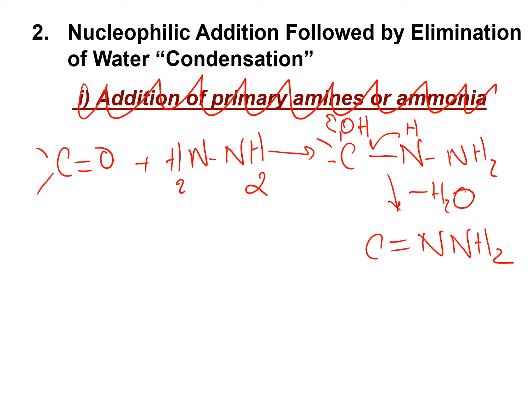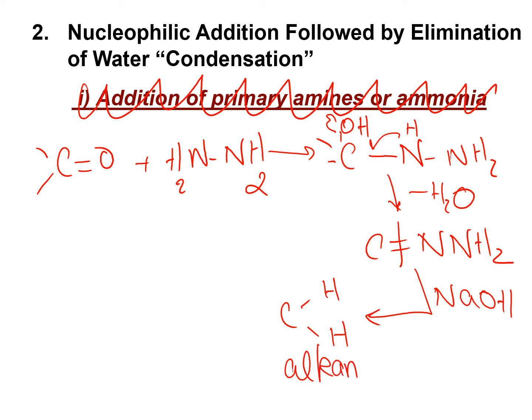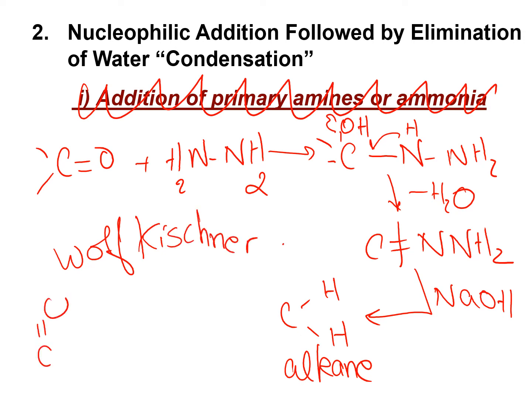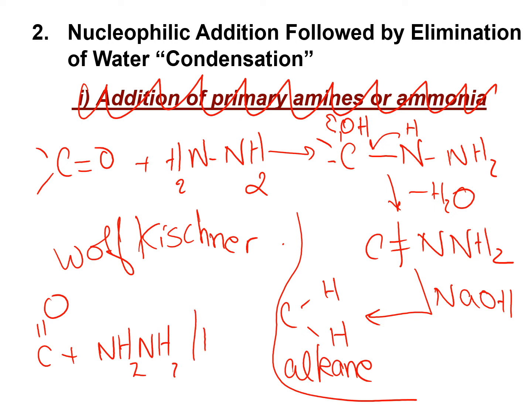This is a very important reaction because if you add sodium hydroxide with this hydrazone, you will reduce this compound into the alkane. Remember, this reaction was called the Wolff-Kishner reaction, where you used to react a carbonyl compound with hydrazine in presence of sodium hydroxide, and your end product was an alkane, where you removed the oxygen and you added 2 hydrogens in its place. So these are the hydrazones.